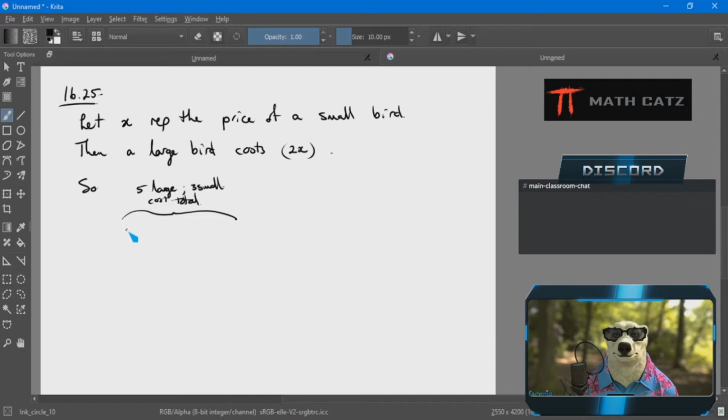Well, each bird costs $2x. She ordered 5 of them. So 5 times 2x. Also 3 small ones, 3 small ones at x dollars. Put multiplication signs in there, put brackets. I don't care how you write it. There's more than one way.